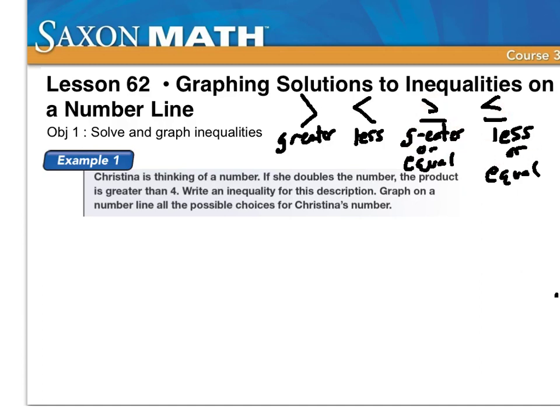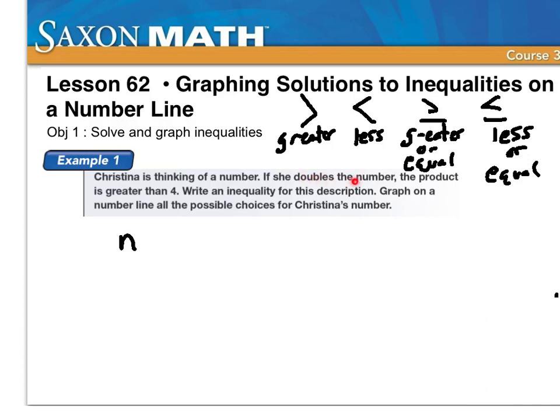So an example: Christina is thinking of a number. If she doubles the number, the product is greater than 4. Write an inequality for this description and graph on a number line all the possible choices for Christina's number. So we'll start with n is her number.